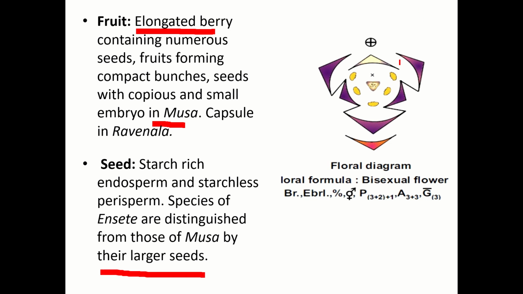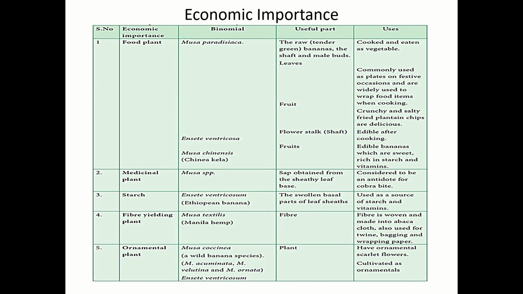This is the floral diagram of the family of Musa. Bisexual. This is the floral formula in bisexual flower. Try to correlate this formula with the diagram. Then only you will learn.